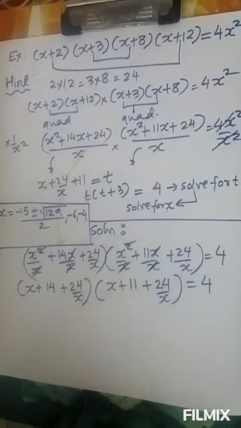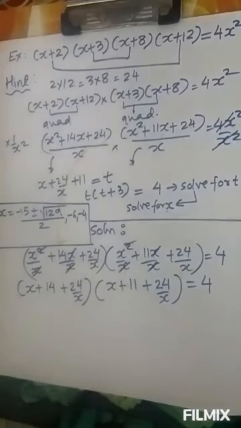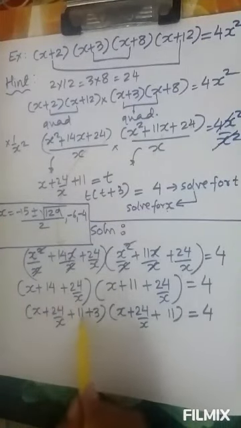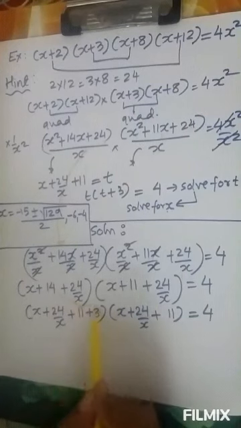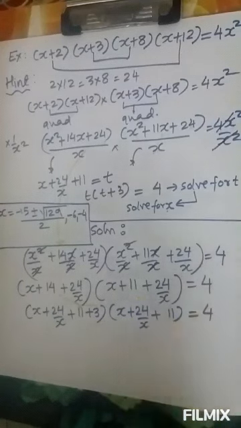Now what I will do, I will split this term as this. So I will split this 14 as 11 plus 3, this whole term as it is, 4 as it is.